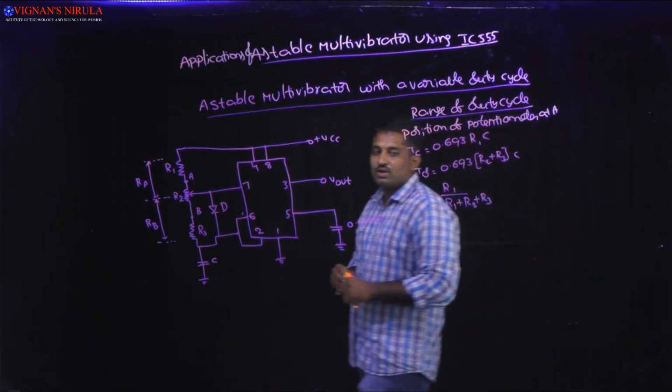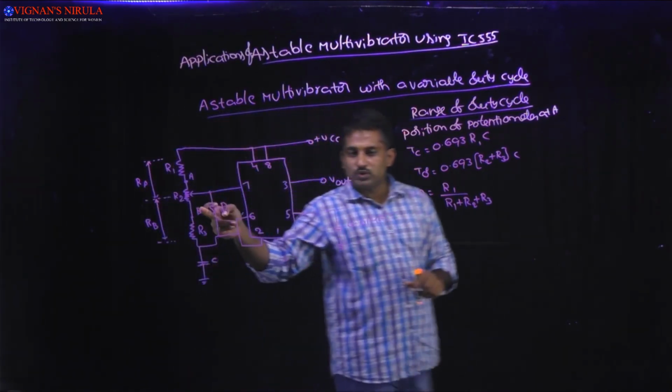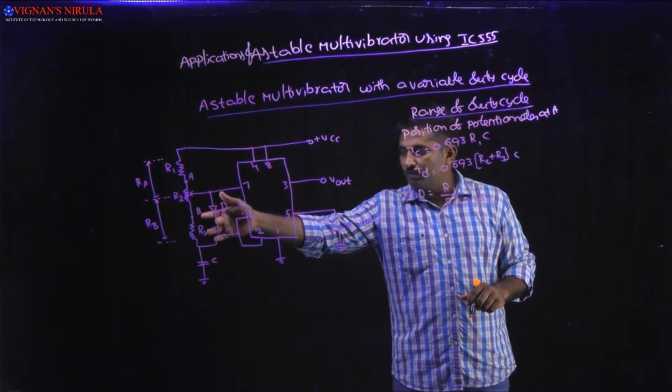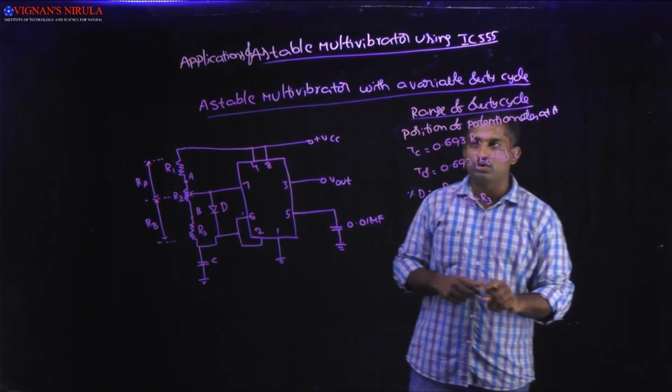Now tell me what happens if the position is at B. If the position is at B, then the part of R2 will be removed from R3. The total R2 will be added to R1 only.